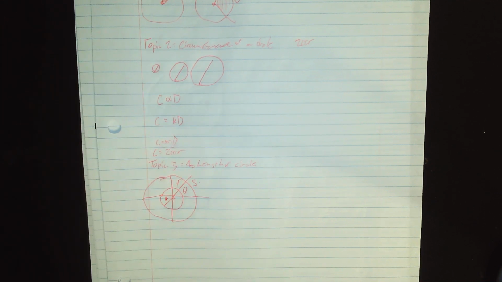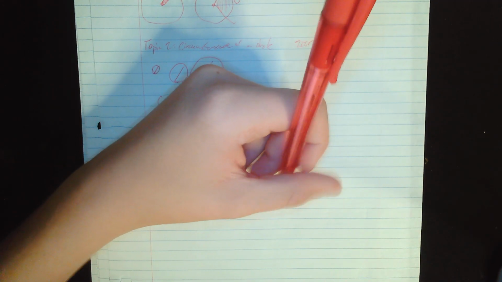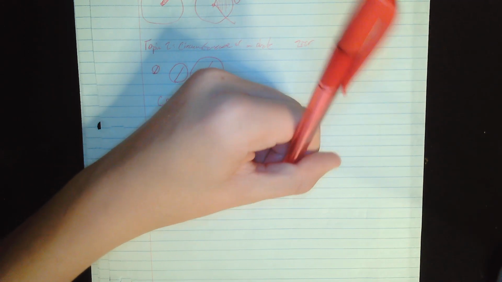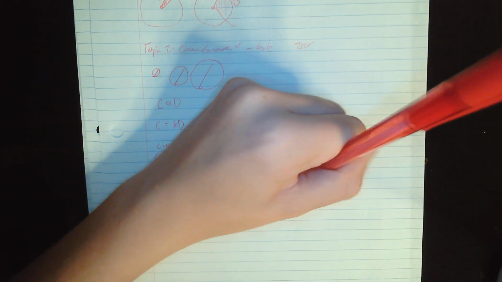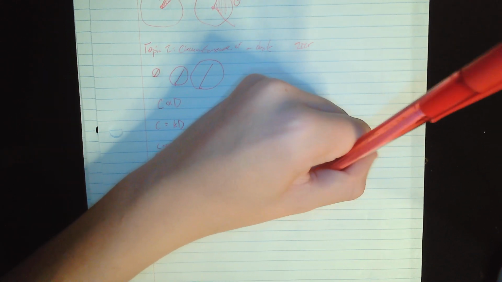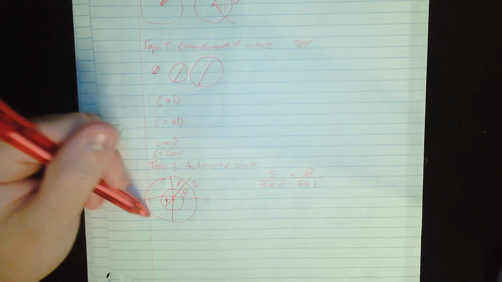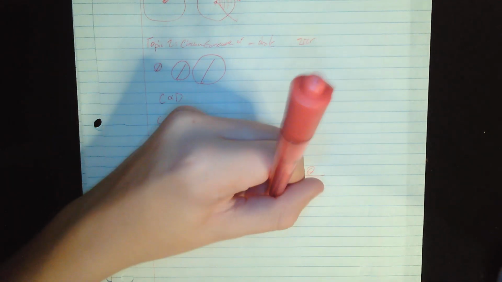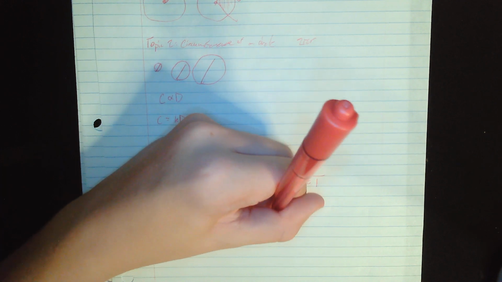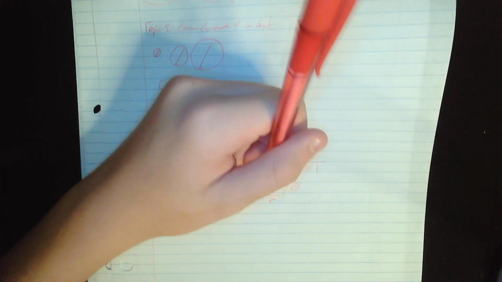Now, we can represent this as the arc over the circumference. So we'll have S over 2 pi r is equal to theta over 2 pi 1, since we know the radius is 1, but we don't know this radius. So that would mean that after we do some canceling, S over r is equal to theta.